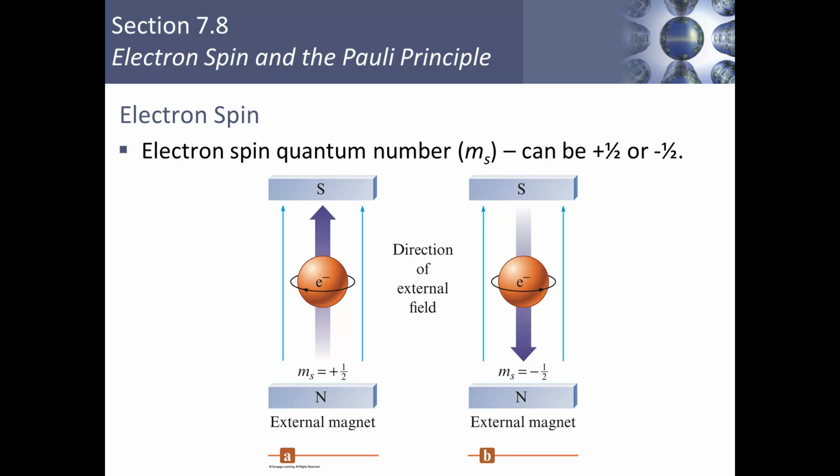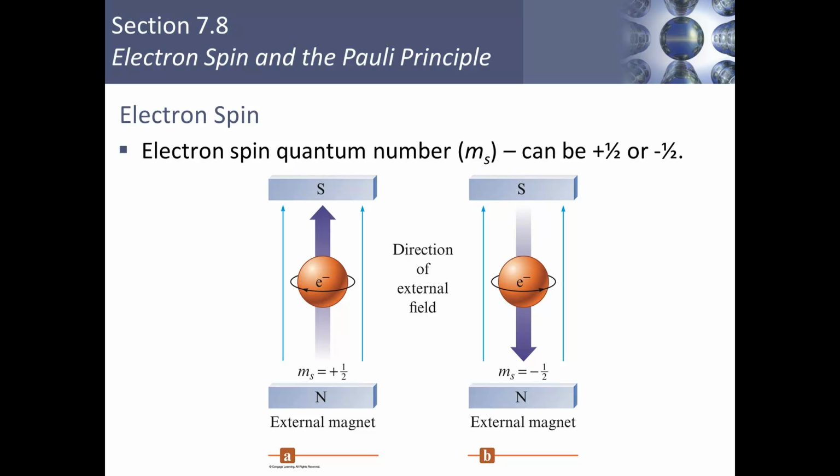The concept of electron spin was developed to account for details of emission spectra of atoms. It represents a fourth quantum number, the electron spin quantum number, m sub s. Electrons have magnetic moments with two possible orientations when placed in a magnetic field.